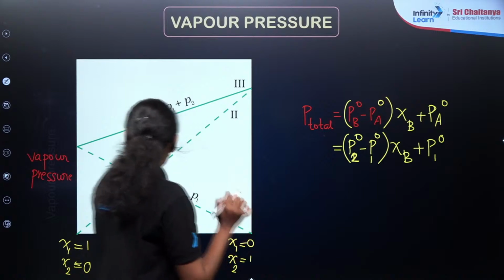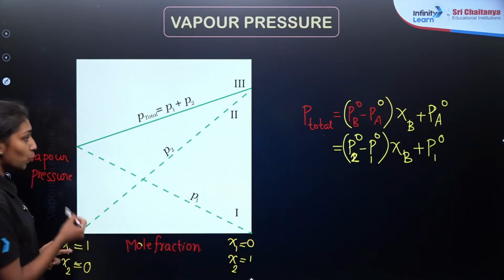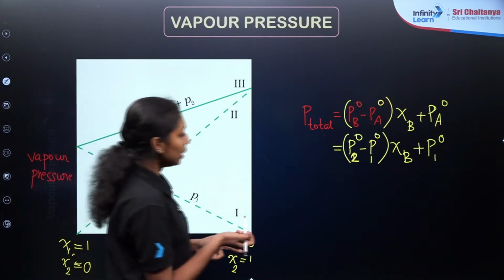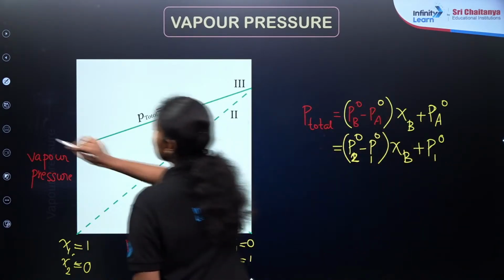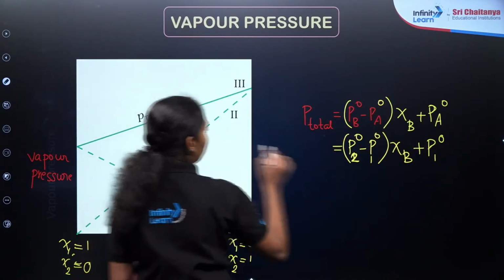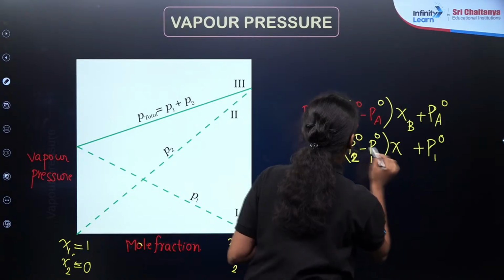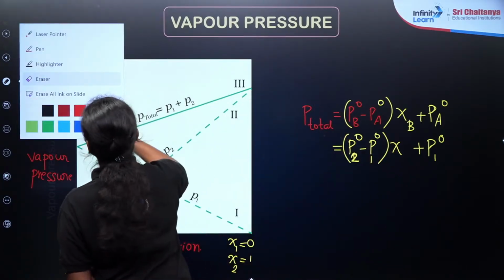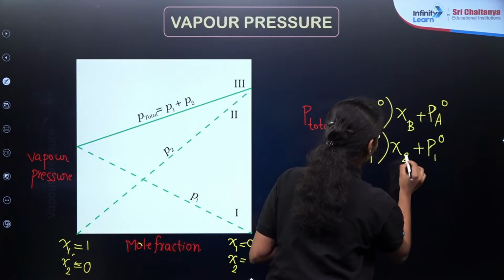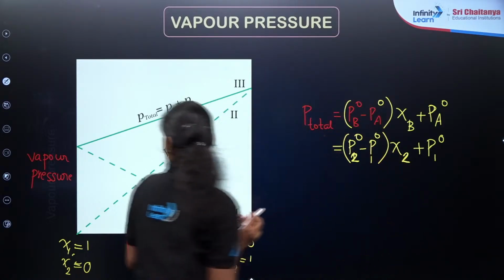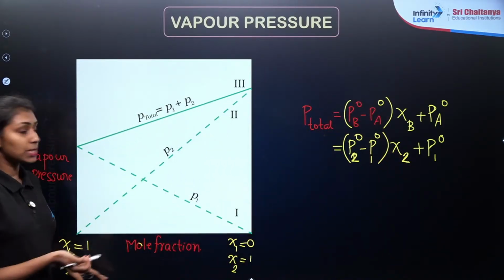So, if I am taking the first case, chi1 is equal to 1 here and chi2 is equal to 0 here.